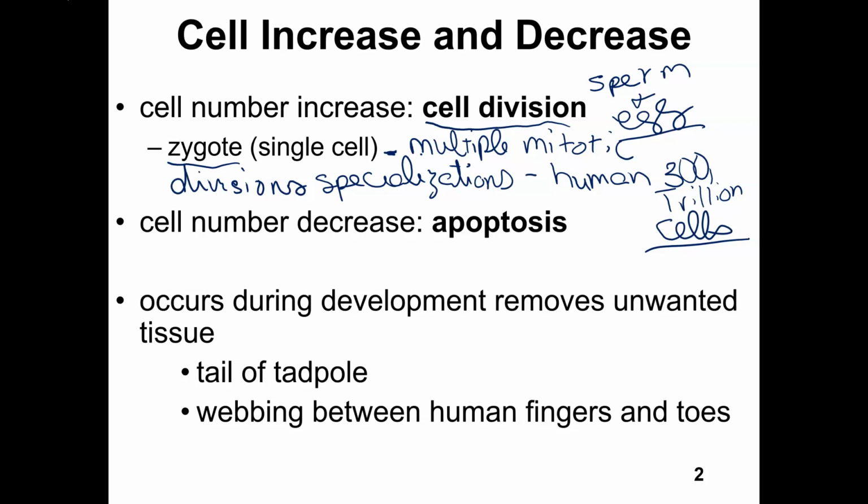Now, as we go through cell division, some parts are going to undergo a decrease in cell number, and that is called apoptosis. So this is programmed cell death.